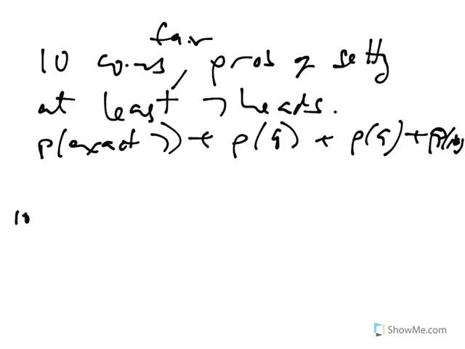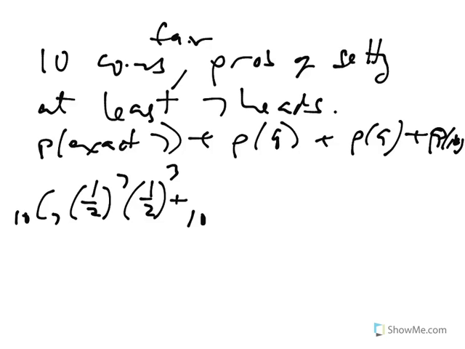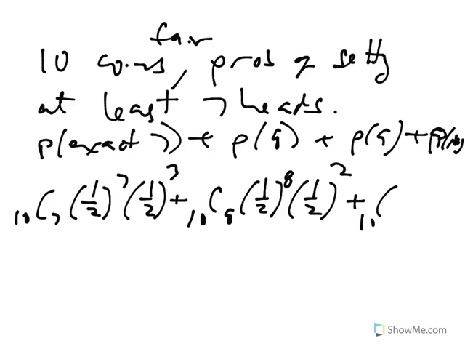Well, 7 heads is 10C7 times 1/2 to the 7th times 1/2 to the 3rd. 8 is 10C8 times 1/2 to the 8th, 1/2 to the 2nd. 9 is 10C9 times 1/2 to the 9th times 1/2 to the 1st.